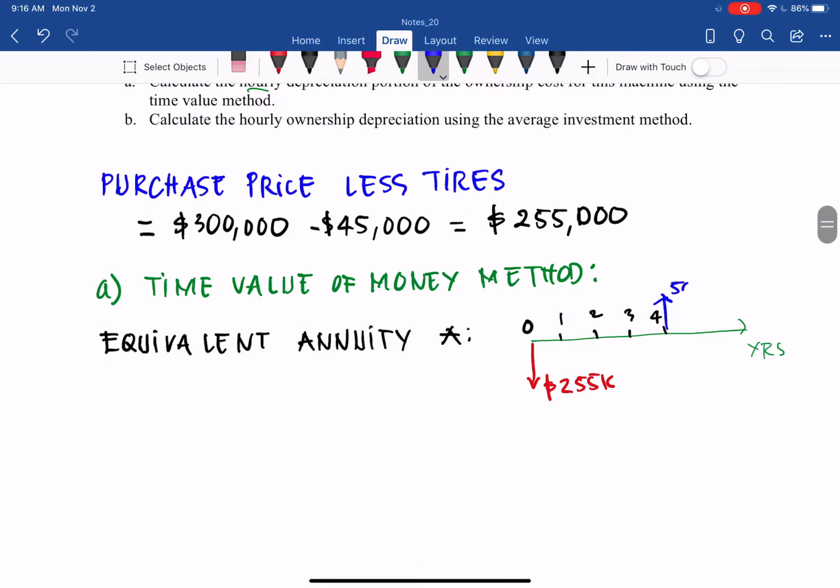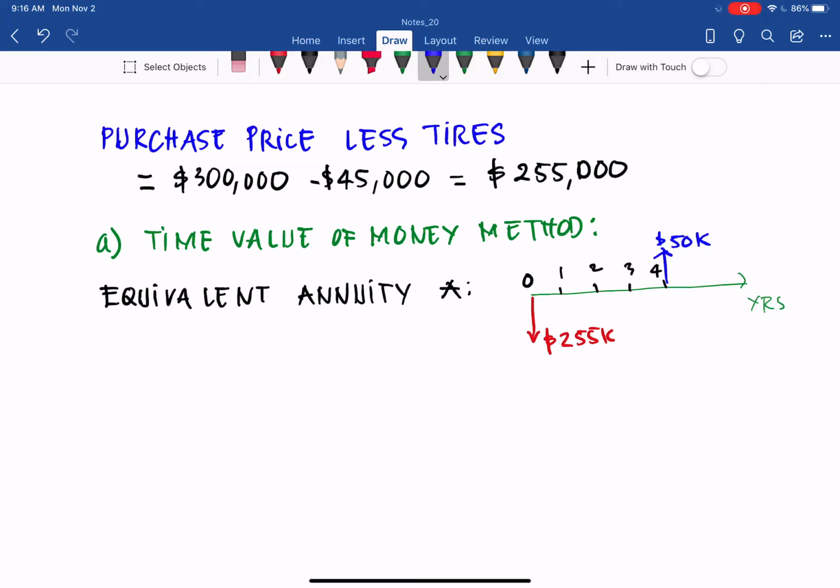That is the salvage value, 50,000. So we can find the equivalent annual amount of spending 255,000 and receiving 50,000 for the salvage value, like selling the machine on Craigslist for 50,000.